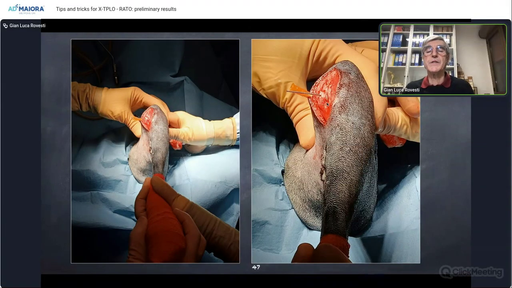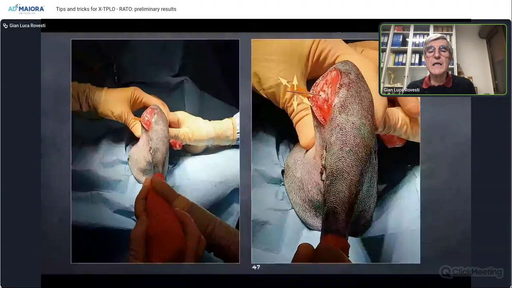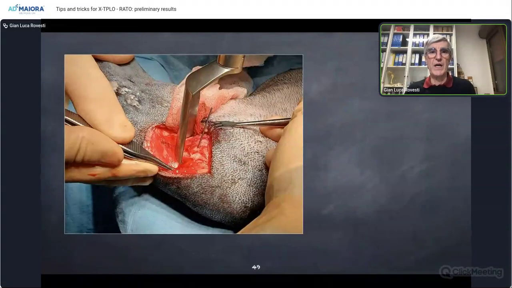Because I can change it, and I can bend it very easily without inserting it again. So I will have it on its correct axis on both planes, vertical and horizontal, because this will be my guide during the osteotomy phase.